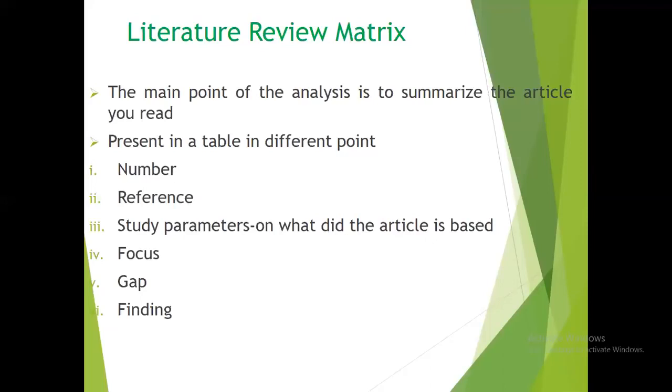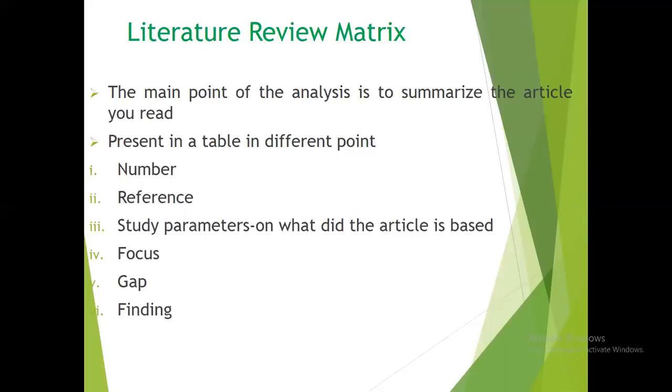That's why in this slide I have mentioned some points by which, if you make such a table and do the literature review that way, it will be easy for researchers to carry out their research work. There are six groups: serial number, references, study parameter on which the article is based, then the focus, gap, and finding.